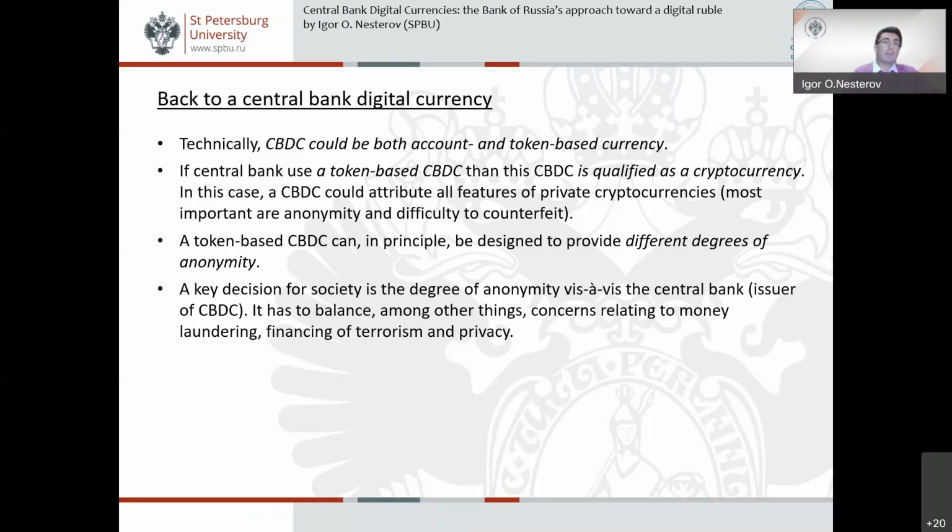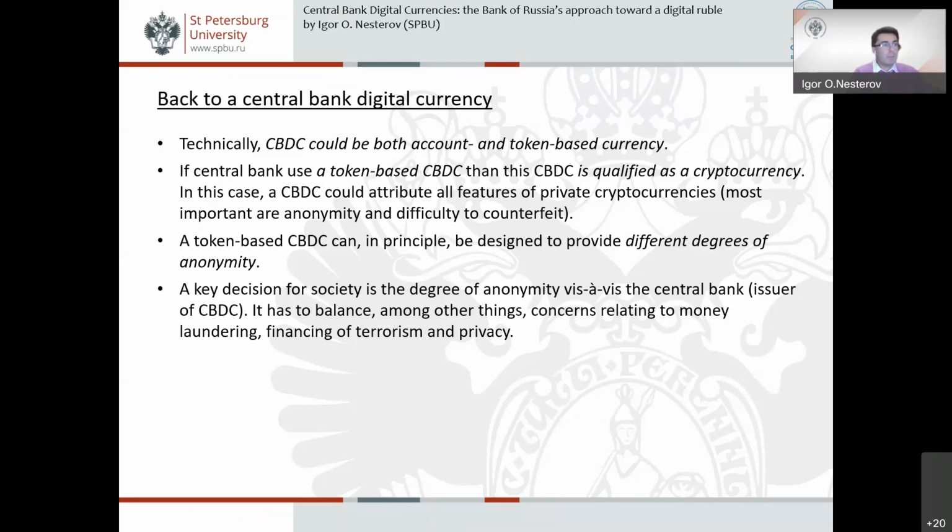So that means that future central bank digital currencies, from the point of view of major central banks, will be like nowadays commercial bank accounts or wallets, where the personal data of the holder is to be identified.